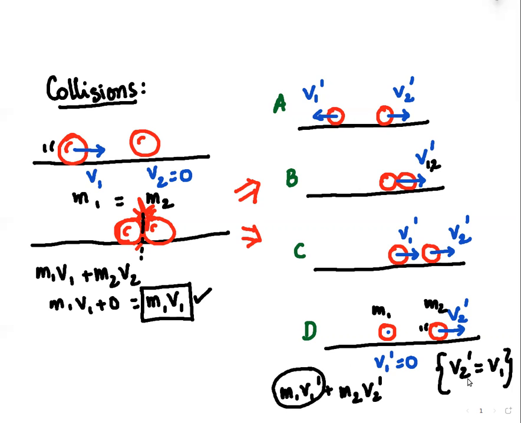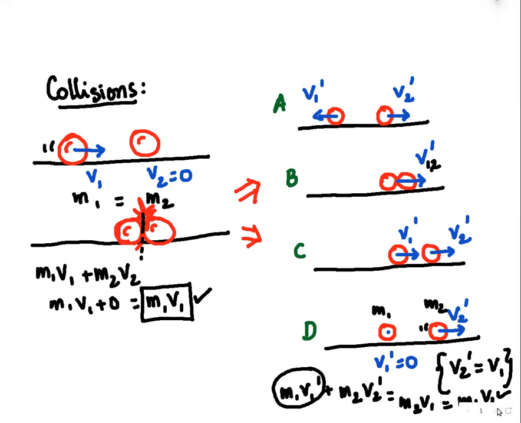If the condition is v2 prime is equal to v1, then we can rewrite this as m2 v1, and since m2 is equal to m1, I can write this as m1 v1. Are you able to see that bit, m1 v1?